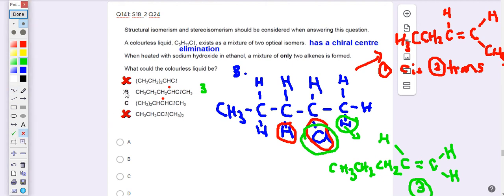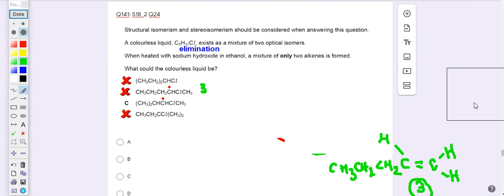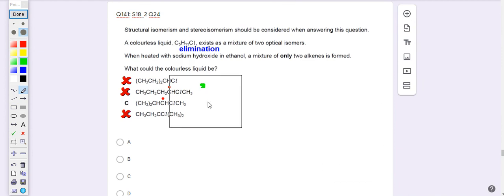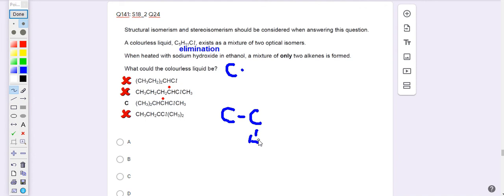Let's check C. Let me erase all this now. We look at C. Now the structure of C: C, H, Cl, bonded to CH3.